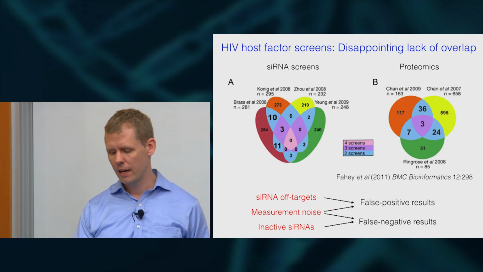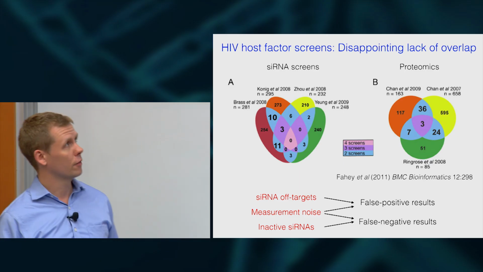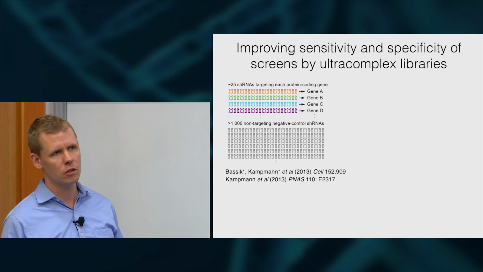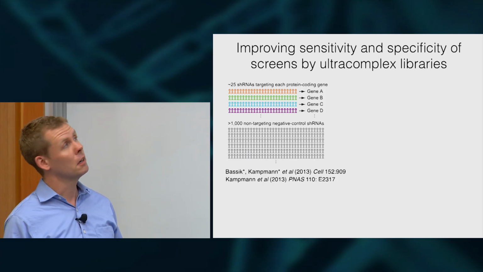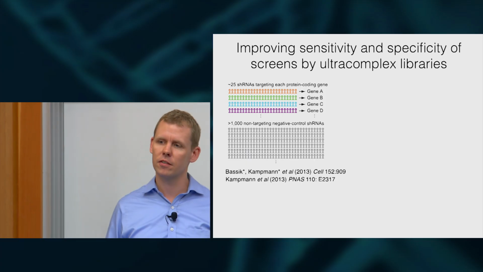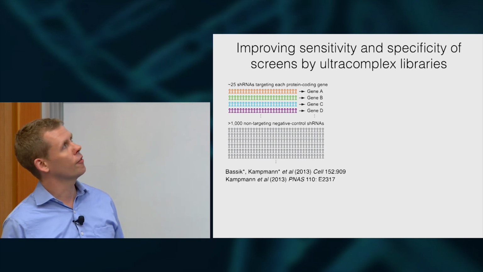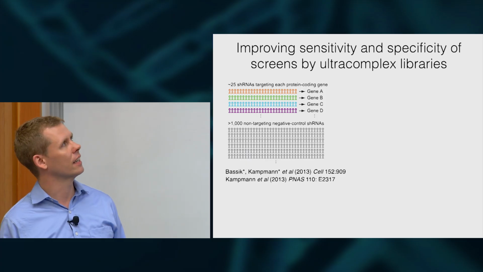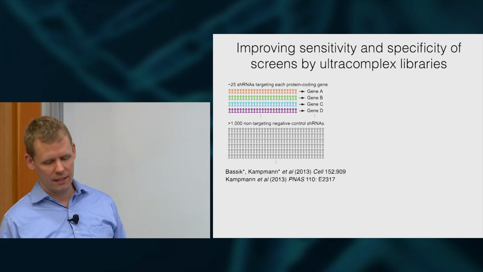So one of the things that I helped to develop in the first half of my postdoc in the Weizmann lab was to try to overcome some of these issues with RNAi by saying, well, maybe some of this is just a numbers game. What if we target each gene in the human genome by a very large number of independent reagents, in this case shRNAs, and we also have a lot of negative control shRNAs.